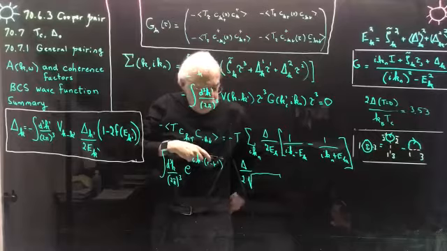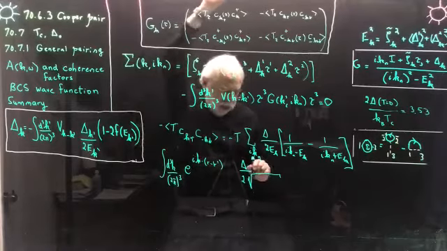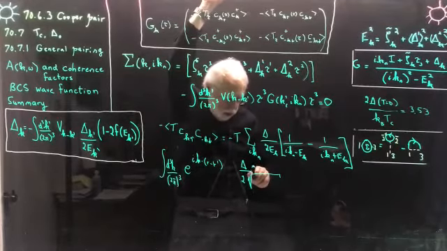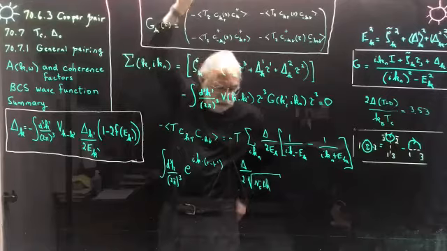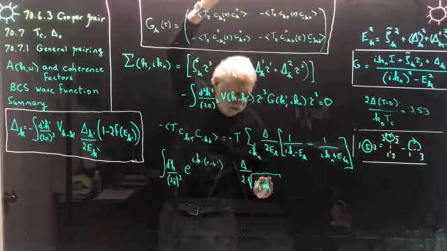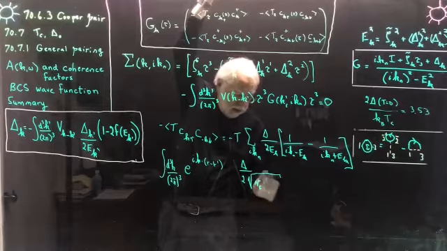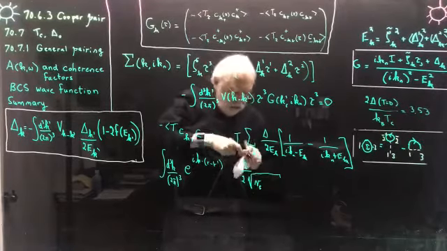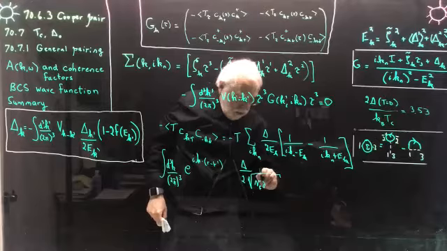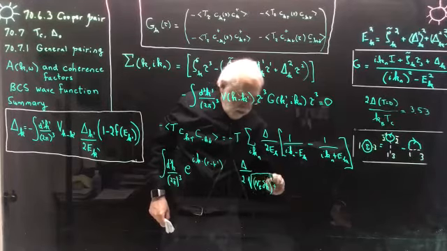So it means that here I can write VF delta K. Well, I don't want to confuse things, so let me put a small delta here. That's deviation with respect to the Fermi wave vector. So I have VF delta K squared plus delta squared.